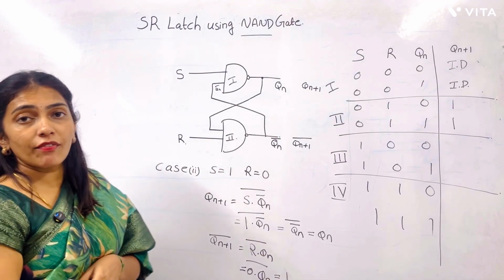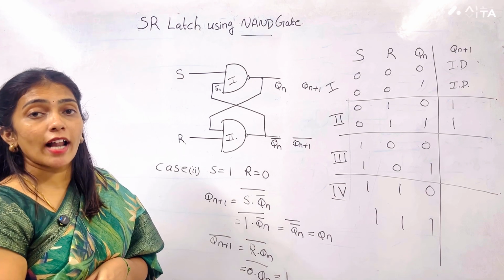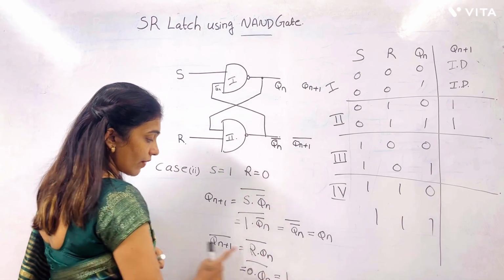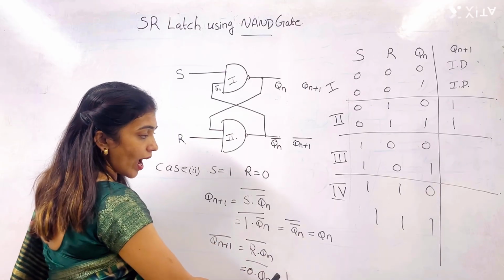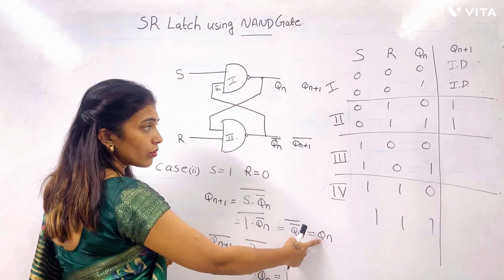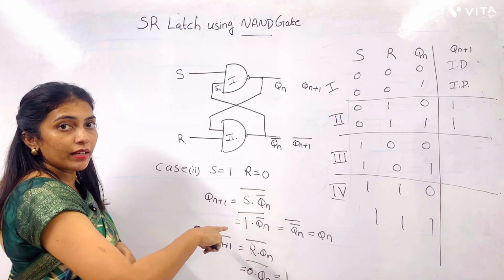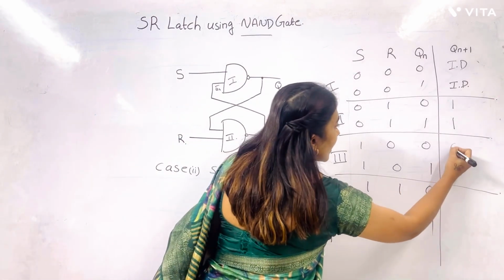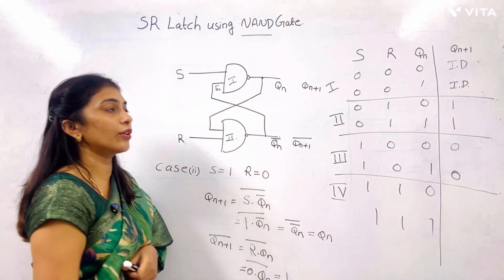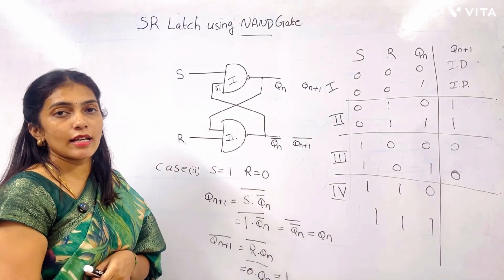If the complemented value is 1, then the normal value is 0, right? So what is our Qn value now? 0. 1 complement is 0. So in the table, third case, we got Qn plus 1 as 0.